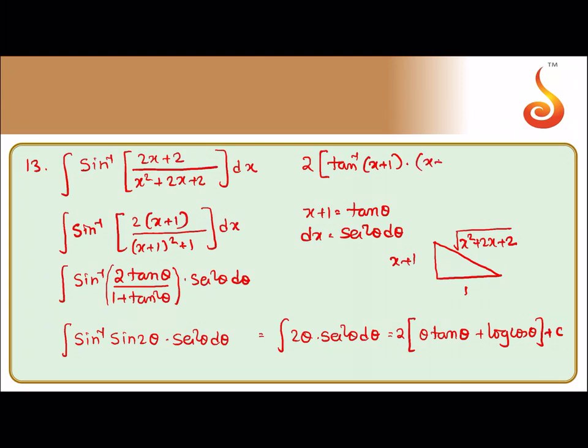So 2 times tan inverse of (x plus 1) into (x plus 1), it is outside. I will put a bracket to make it more specific, plus log of 1 by under root of x square plus 2x plus 2. Bracket close.